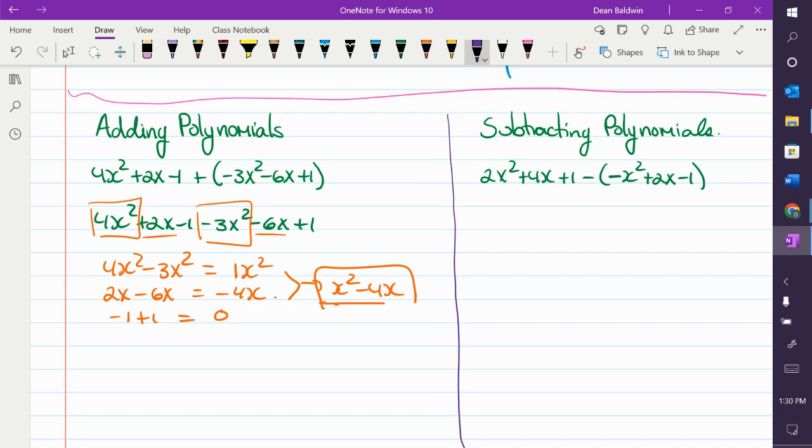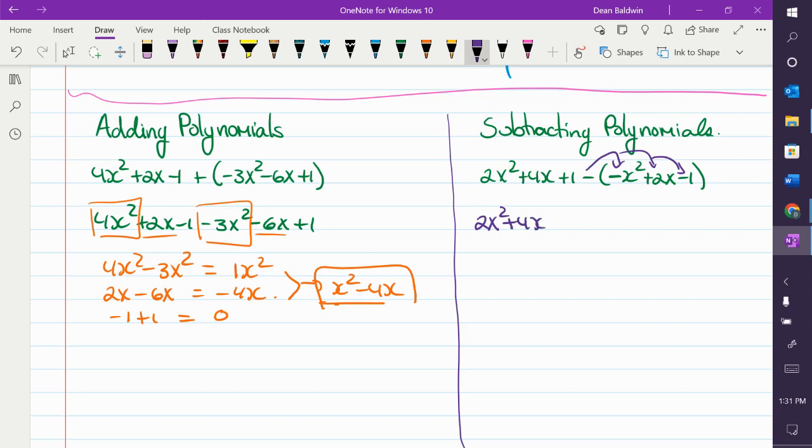Change the signs in front of the coefficients. This negative 1 will flip all those signs in there.